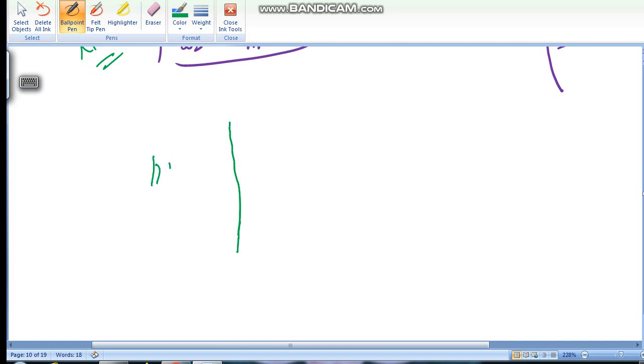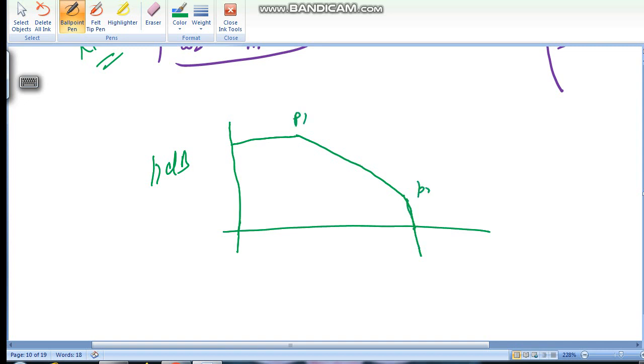We will see only the magnitude plot. Say you have this first pole, and here the second pole is coming. Suppose this is P1, this is P2.